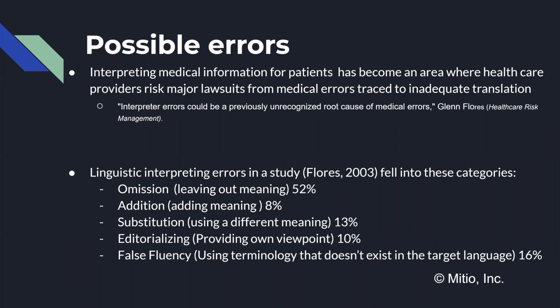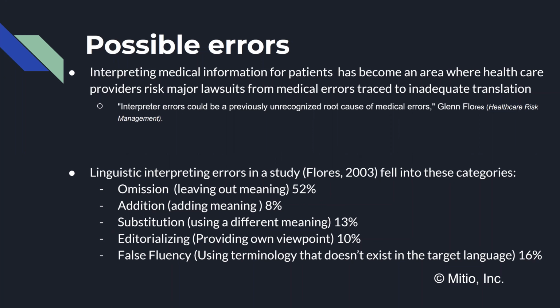So adding is also an error. Substitution, using a different meaning. You could also call this wrong interpretation. So interpreting gallbladder as bladder. Now, that's a definite substitution, and it could have a health care impact, 13%.